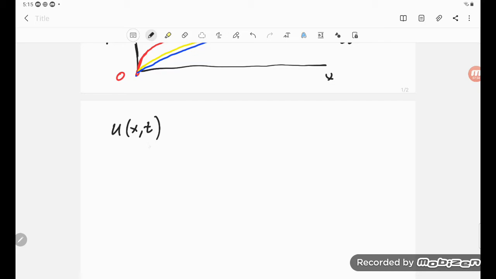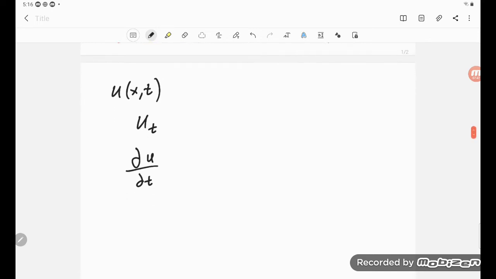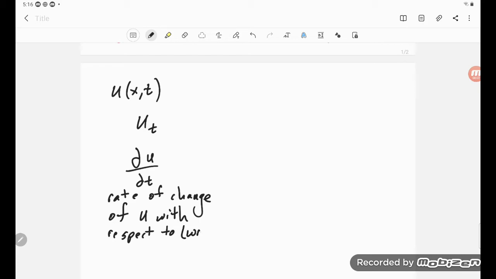And they tell us that U sub t, and this is typical notation you'll see here. Now, other notation would be the partial of U with respect to t. And this is the rate of change of U, the heat, with respect to, typically we write WRT, with respect to time.